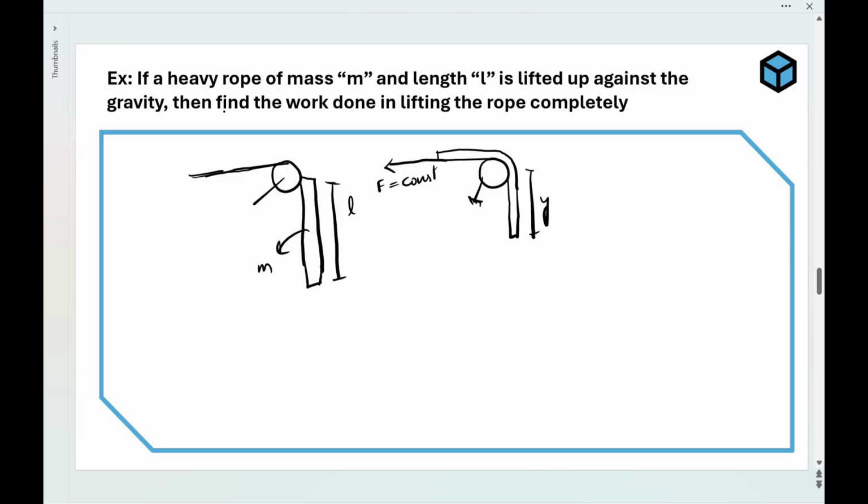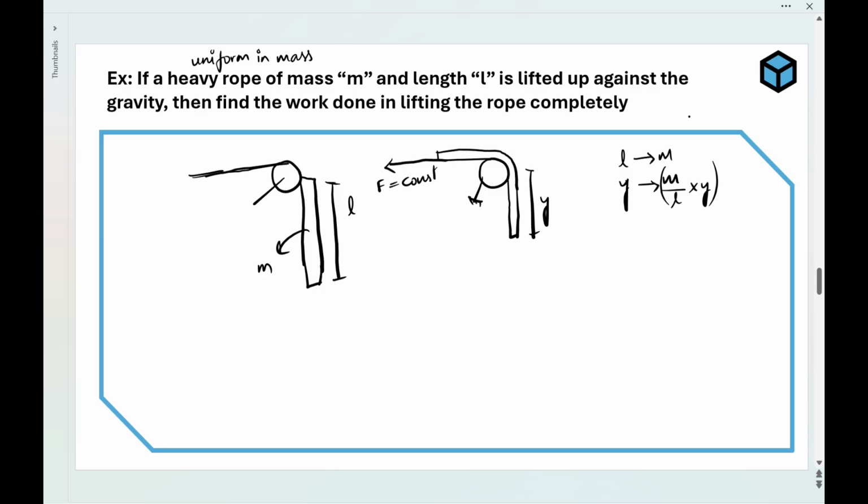Now for length L, the mass is m. So for y, of course it will be m by L into y, because it should be mentioned in the question that the heavy rope is uniform in mass. So mass is uniformly distributed over the rope, and for y length you will get this mass.